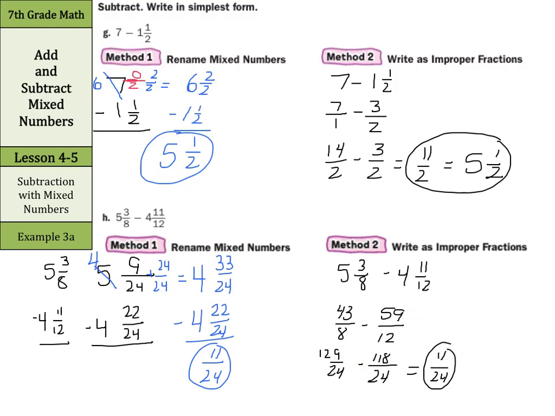You just make them improper fractions, you find your common denominators, you subtract, and sometimes you need to rewrite as a mixed number. With the renaming mixed numbers method, you are going to have to borrow, but you are dealing with slightly smaller numerators than you are with improper fractions. So both have advantages, both have disadvantages, and you need to figure out which you're going to like to use the most.